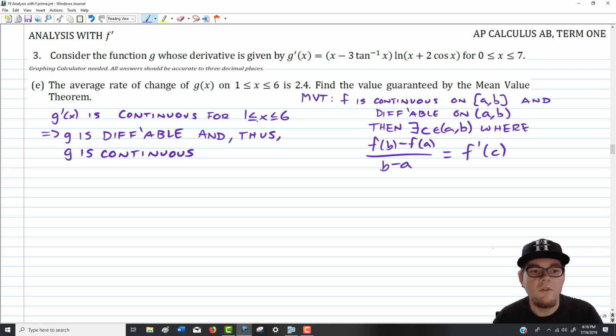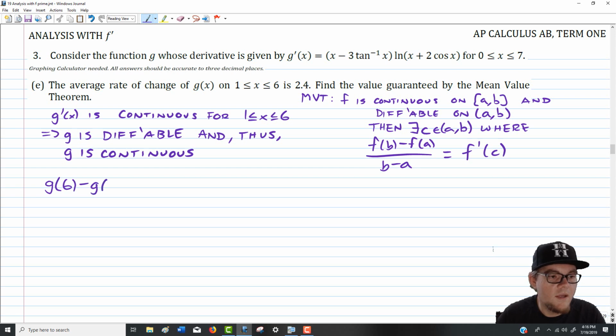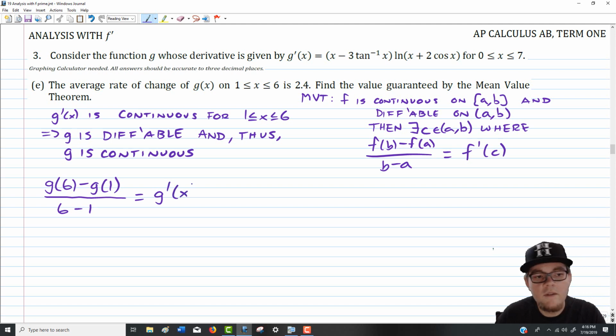We've guaranteed that g is differentiable for the full interval, and of course then that means g is also continuous for that full interval. So we've got that the mean value theorem applies. What we want to then figure out is g of 6 minus g of 1 all over 6 minus 1 is equal to g prime of x. So we're trying to solve that equation.